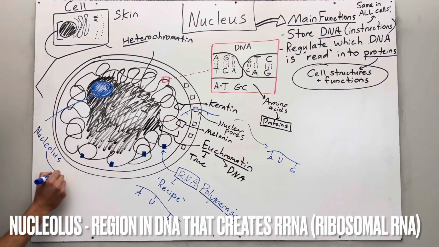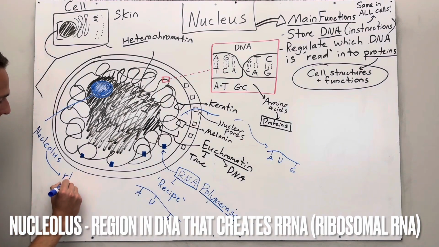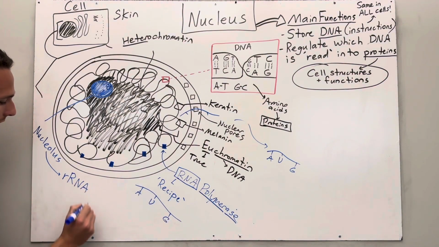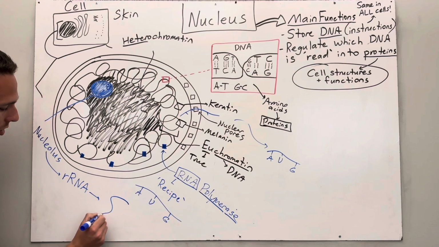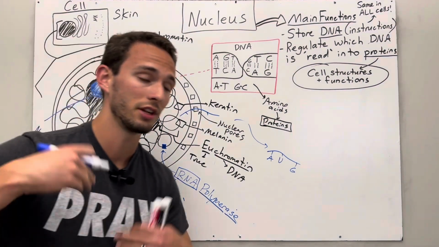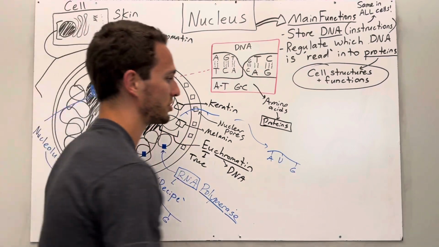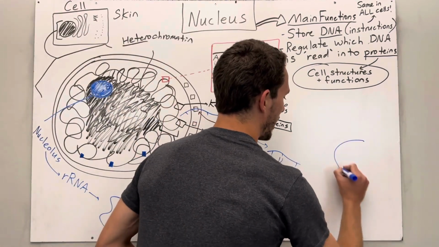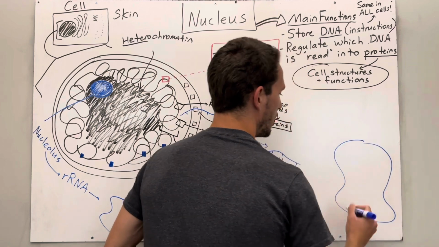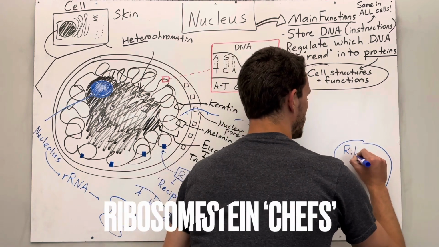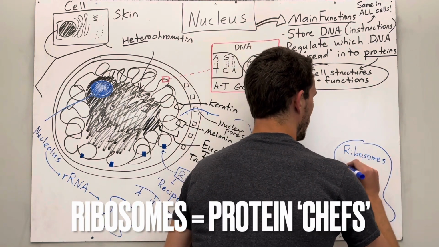Now the nucleolus is going to produce what's called ribosomal RNA, which will form ribosomes that look something like this, okay? So that nucleolus is going to produce the ribosomal RNA, thus producing ribosomes. And I want you to think of these as little protein chefs. Ribosomes are protein chefs.